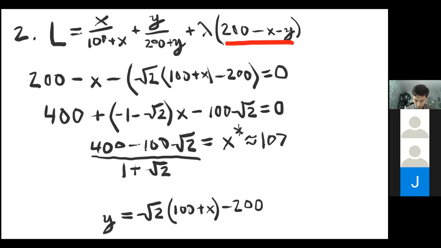Now, instead of 100 plus x, we plug in 107, and I know what we get for y star. It's 93, because x plus y should equal 200. So y star should be equal to 93 in this case.